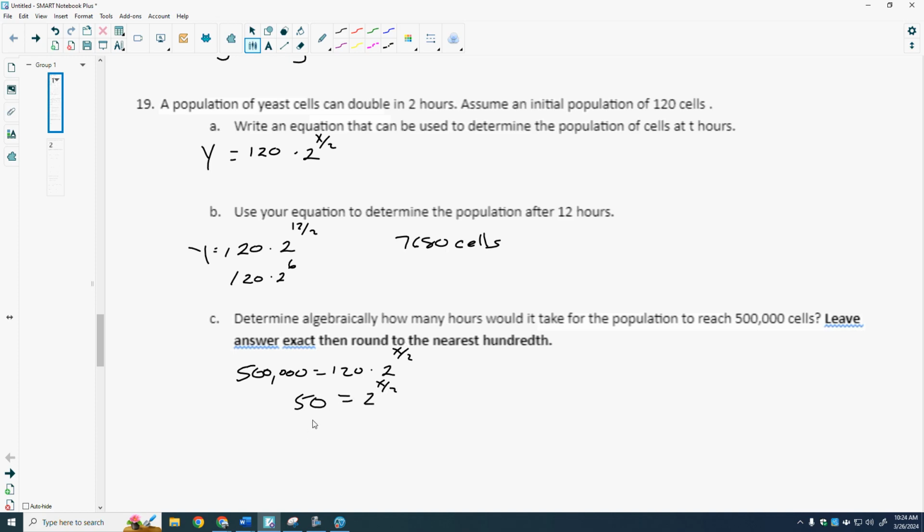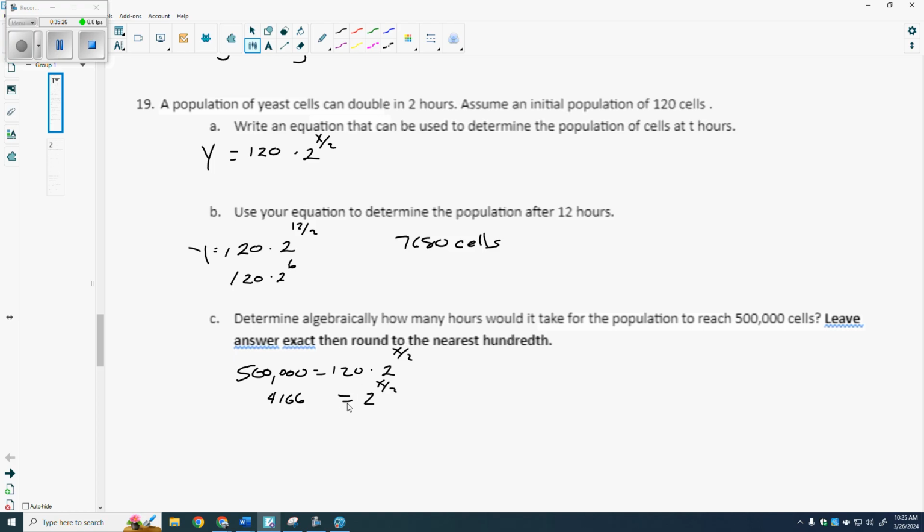Take the log of both sides. I thought that looked wrong when I said that. It's not 50. It's 4,166. I looked at the wrong problem when I was grabbing my calculator work.